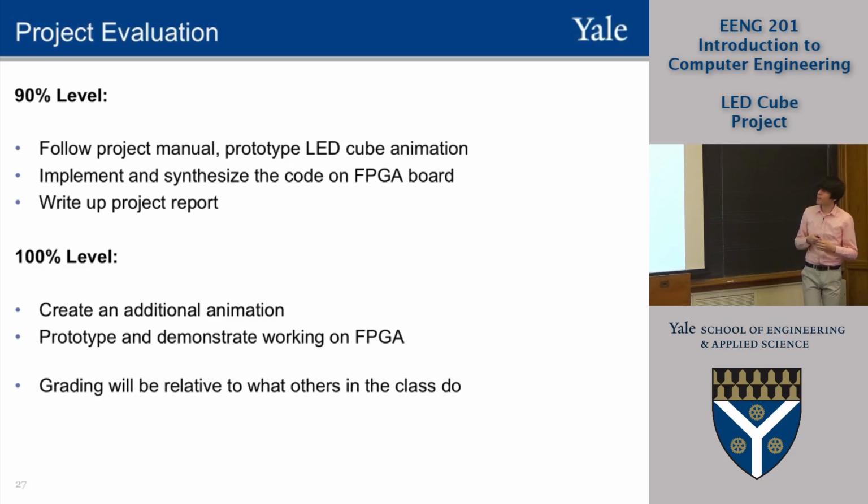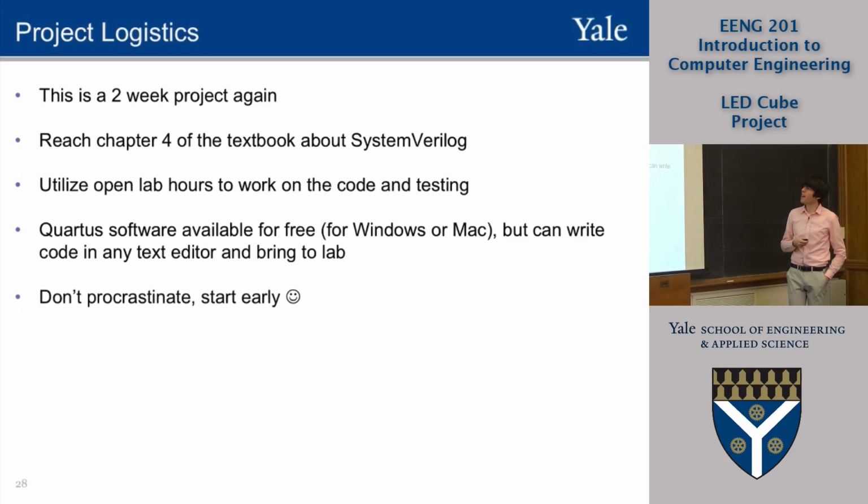And then for the 100% level, again, it's open-ended. You can pick anything you wish. You can do some additional animation. And this is a 2-week project this time, so we're back to 2-week projects. Please read chapter 4 of the book. You can utilize the open lab hours to work on the code and testing.